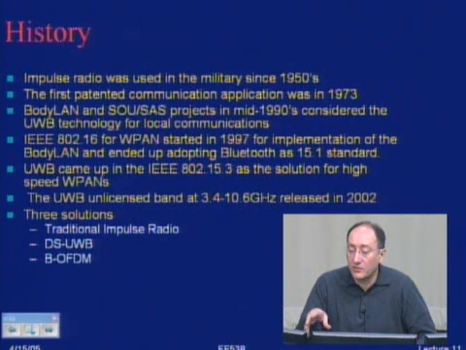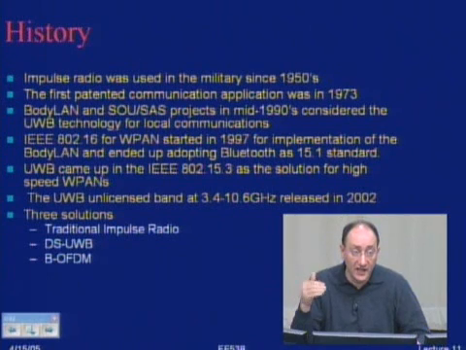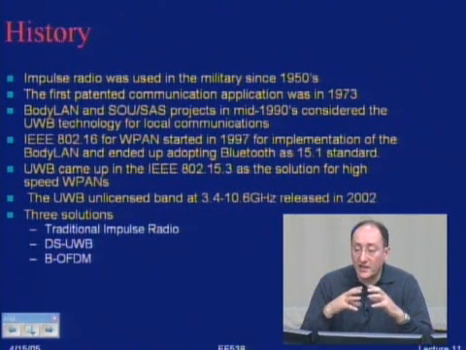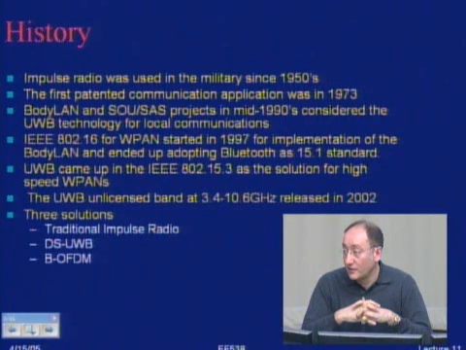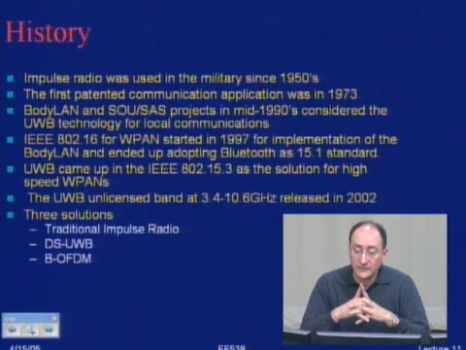So the ultra-wide bands that FCC releases start from 3.4 gigahertz up to 10.6 gigahertz, as I will show later. And that one challenges the impulse radio, because now you have to change the mask of the filter, and it becomes more challenging.